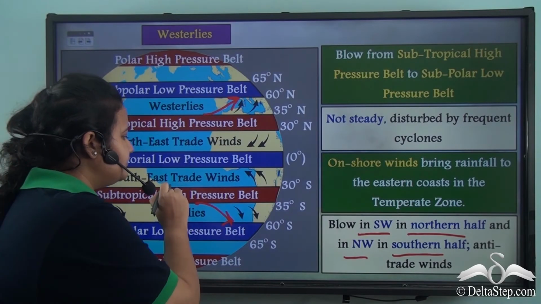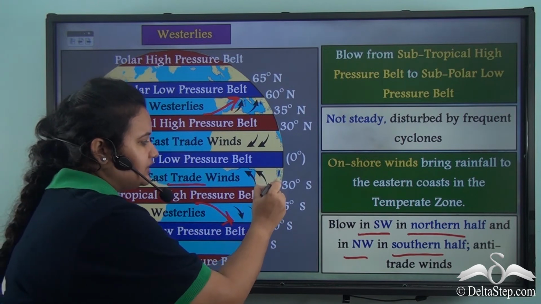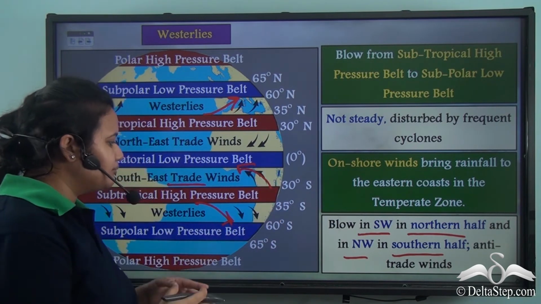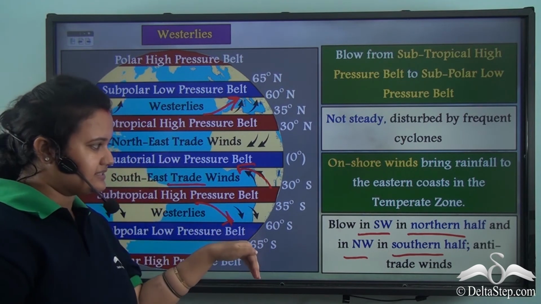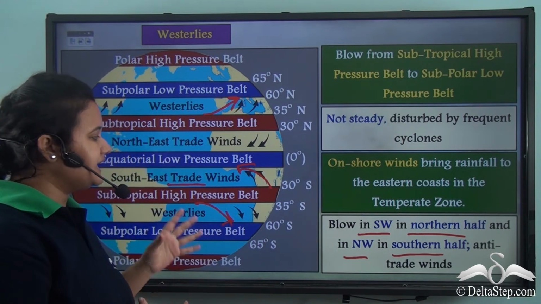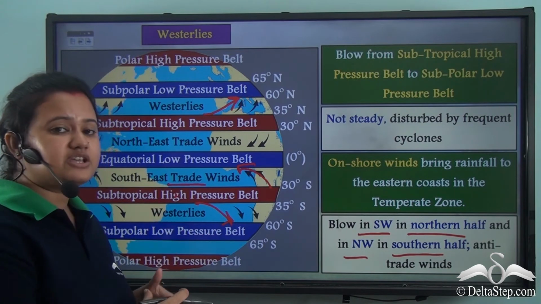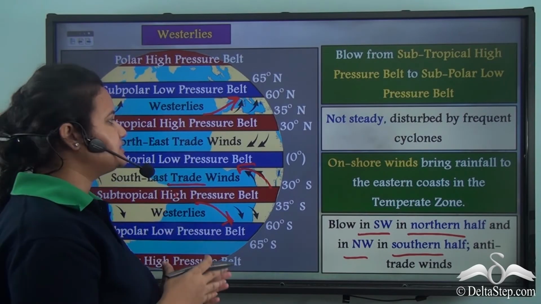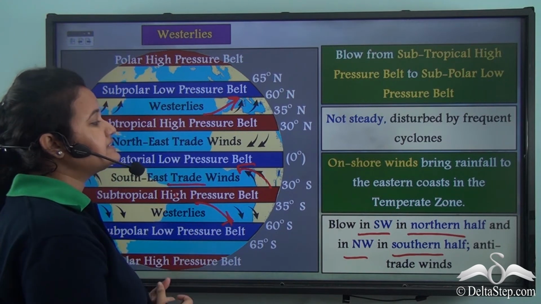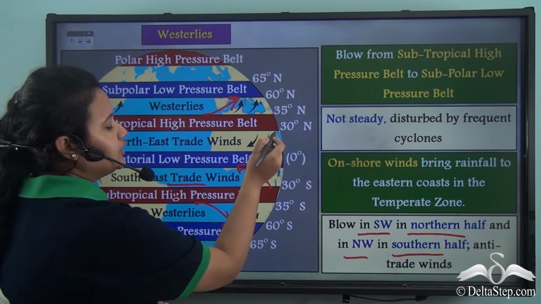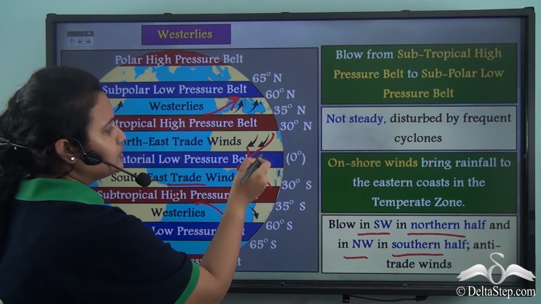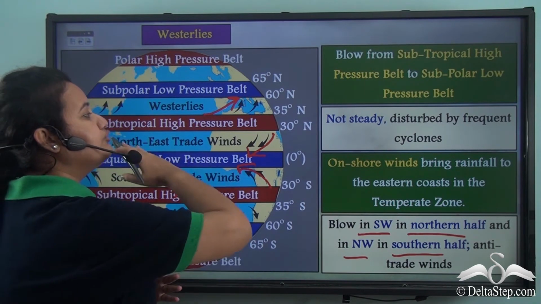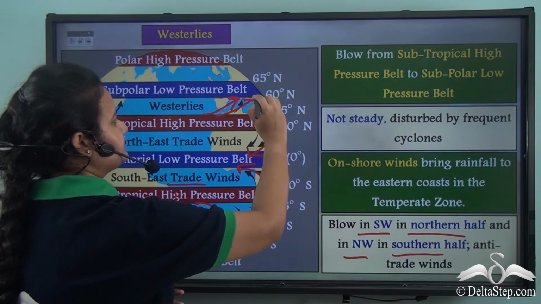We know trade winds blow from southeast to northwest in the southern hemisphere, while westerlies blow from northwest. So we can see that trade winds and westerlies blow in opposite directions. Similarly, in the northern hemisphere, the trade winds blow from northeast to southwest and the westerlies blow from southwest.